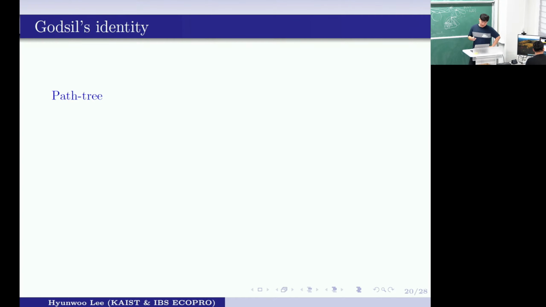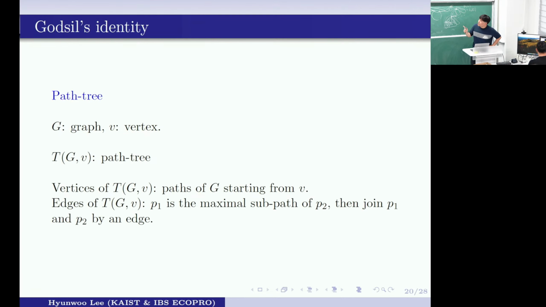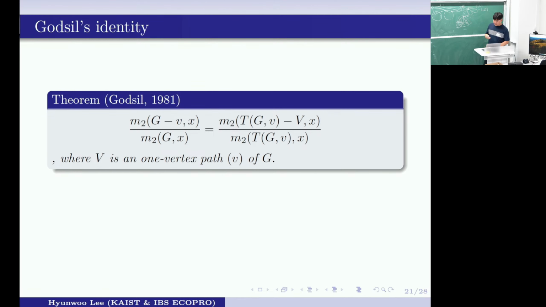He defined the path tree: G is a graph and V is a vertex, and he defined T(G, V) as a path tree where the vertices of this tree are the set of all the paths of G starting from V. The edges of T connect two paths P1 and P2 by an edge if P1 is the maximal proper subpath of P2, and they share the start point V.